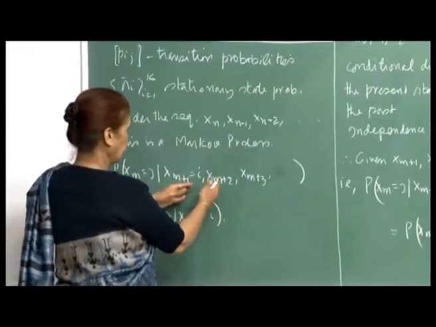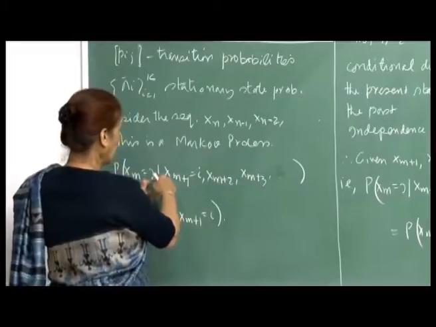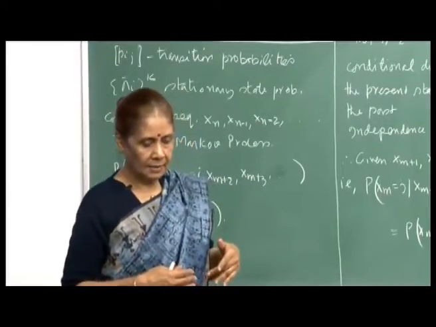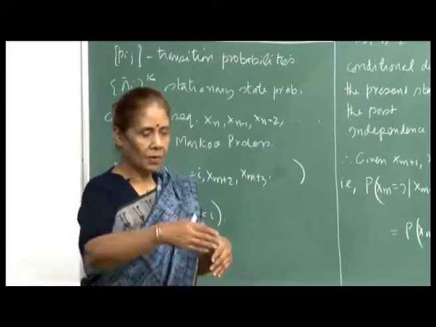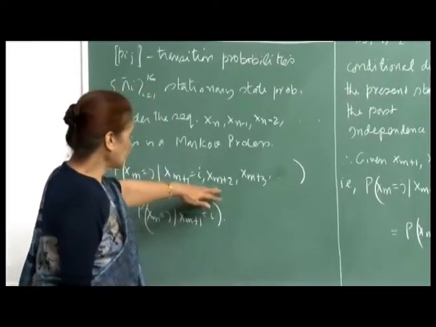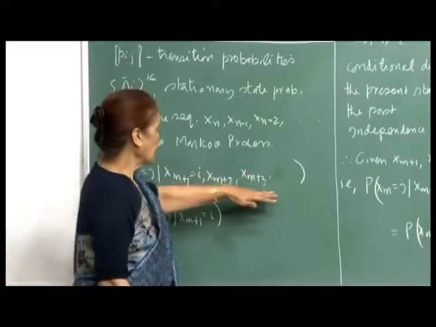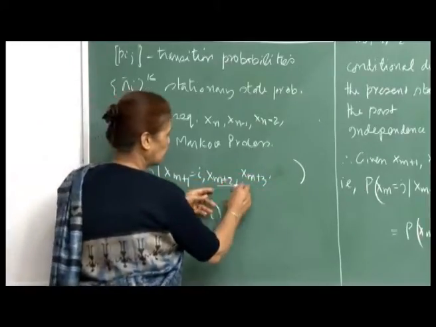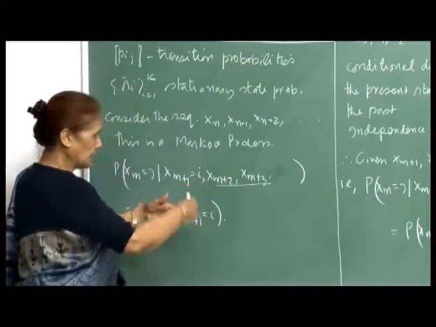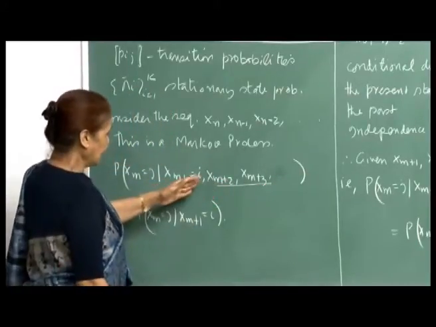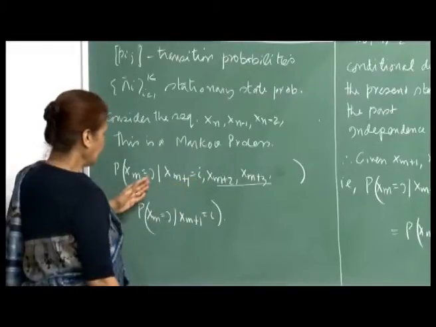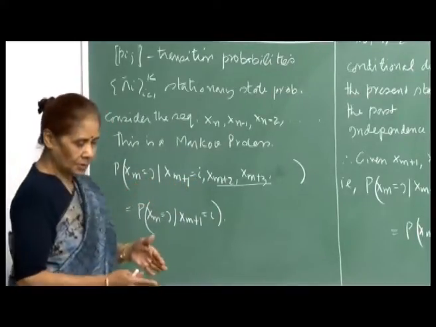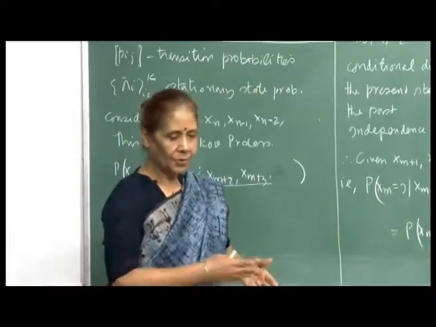The conditional probability of the future history, x m plus 2, x m plus 3, and so on, and then x m plus 1 is i, and you want to know the probability of x m equal to j. So, this is when you are at time m plus 1 and you are looking backwards.